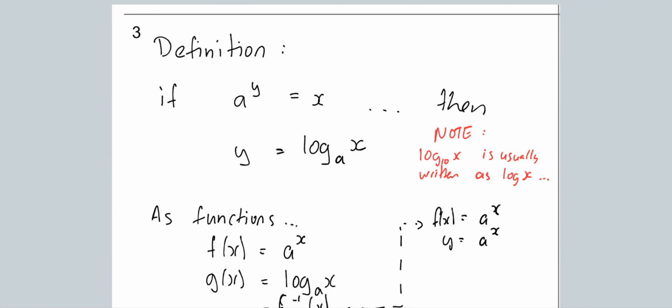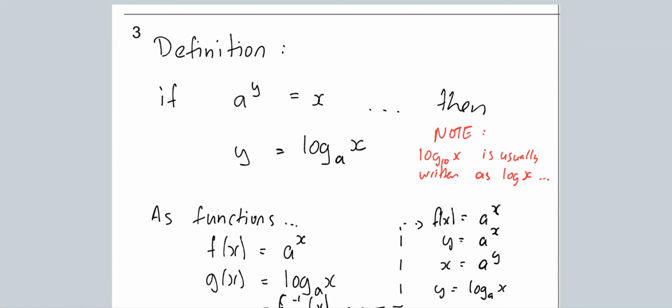Remember, this is how we do inverse functions. We then swap the x and the y. And now by definition, y equals log base a of x. Okay? So log base a of x is the inverse function to a to the x. And that's a really important result to be aware of as well.